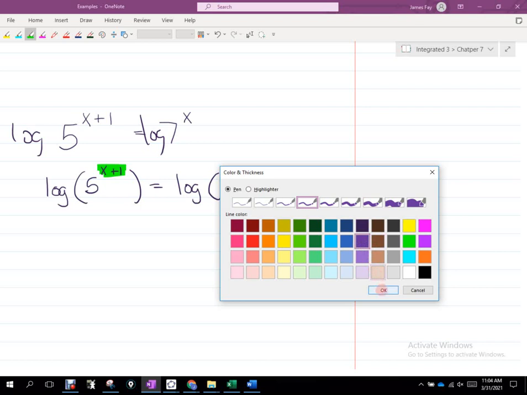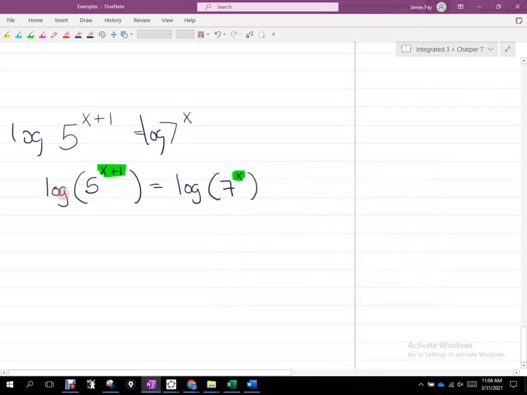I don't do it, but it's not a bad thing, no matter what, to put them in parentheses, so that when they do become sums, you never forget to do that. But this is going to be x plus 1 out front of log 5. And then the right-hand side is going to be x log 7.